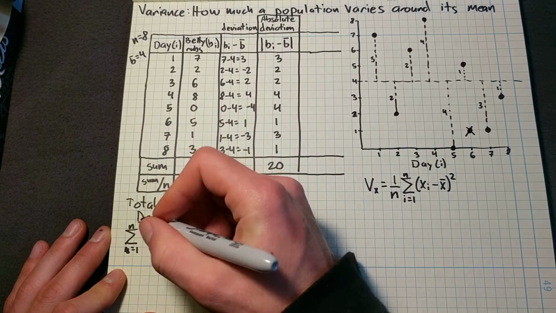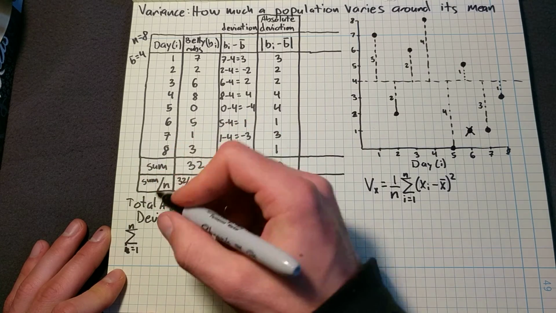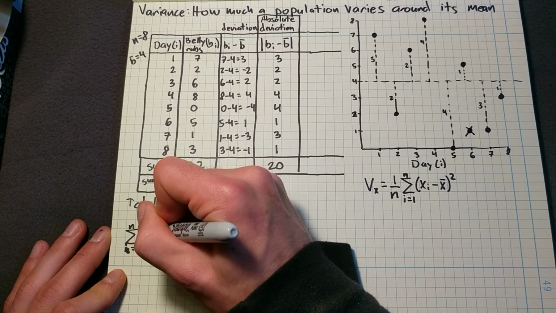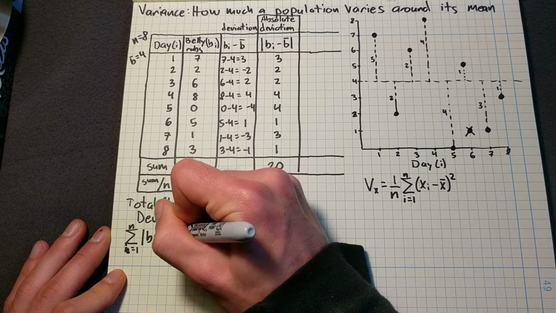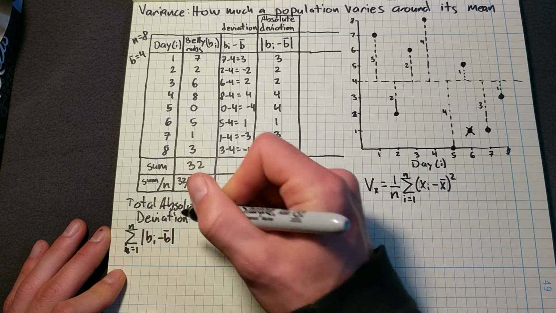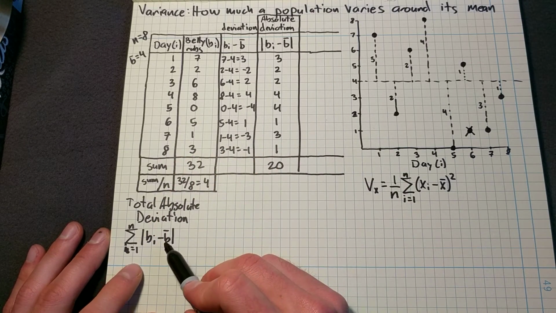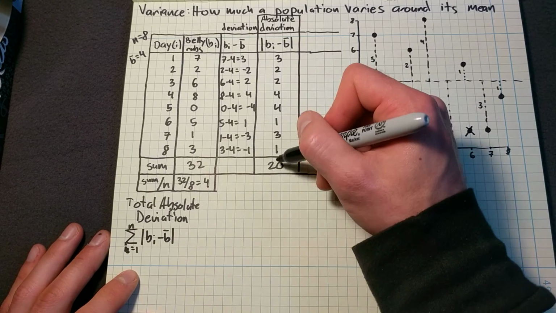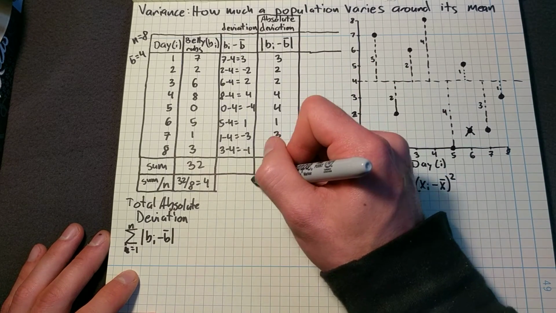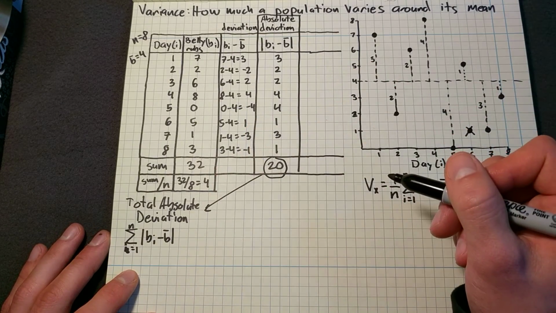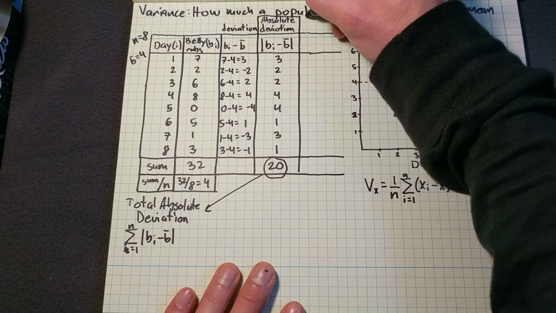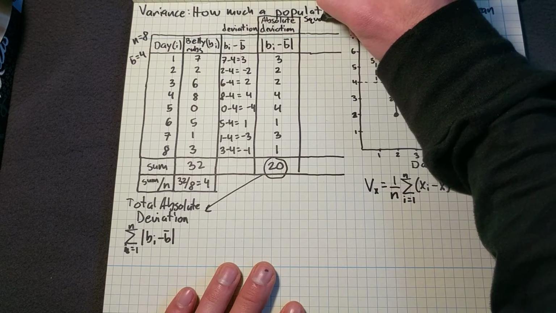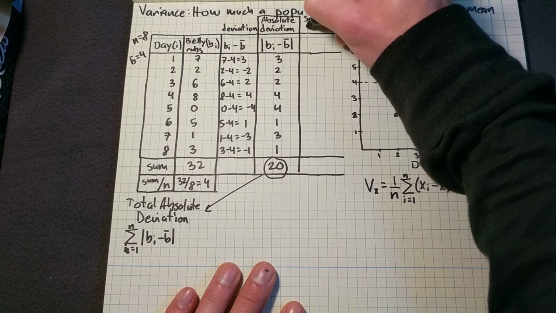Yeah, it is sloppy. I apologize. Hope you get the idea. Of the absolute value of b_i minus b bar. This is the total absolute deviation, this equation here. So that's what this number is. Now let's look at the squared deviation.